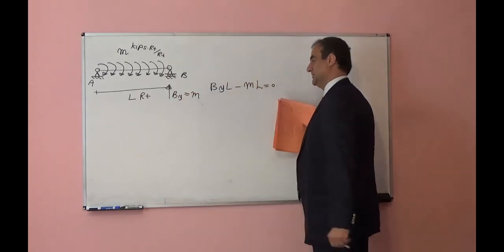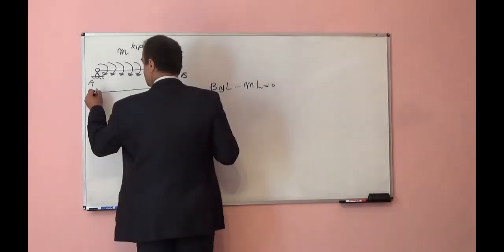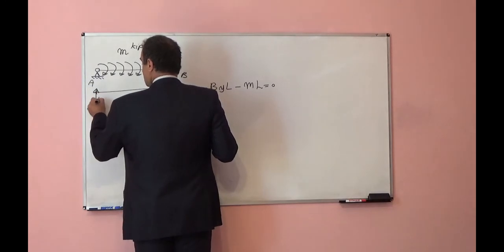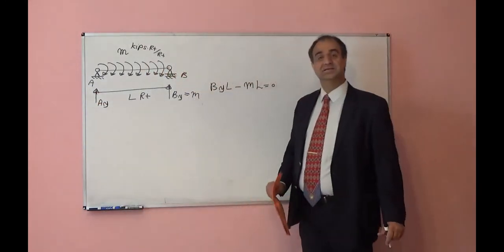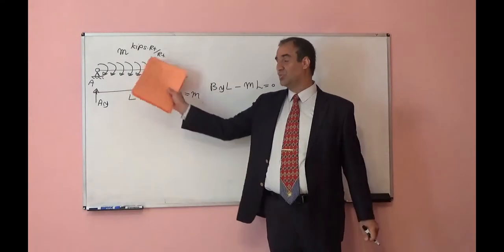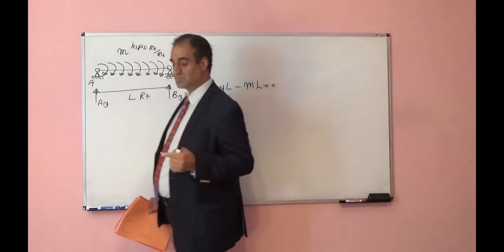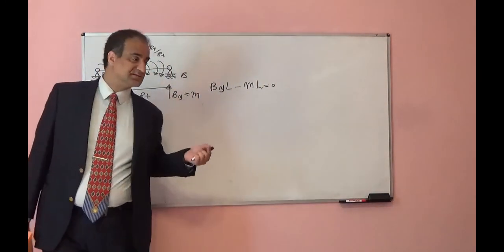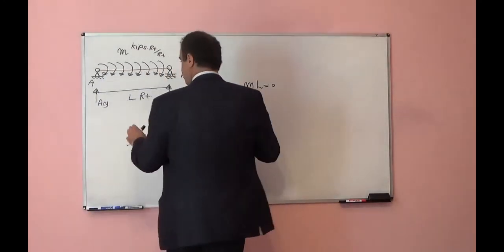From here, By will be equal to m. If I write summation of forces in vertical direction is equal to 0, Ay plus By will be equal to 0 because there is no force in vertical direction. This is moment, not force. So from there, Ay will be negative m.